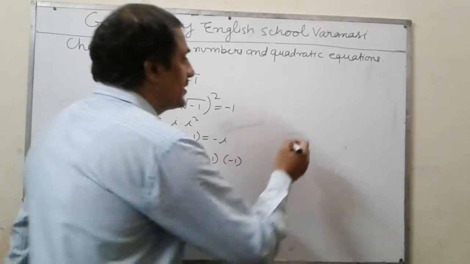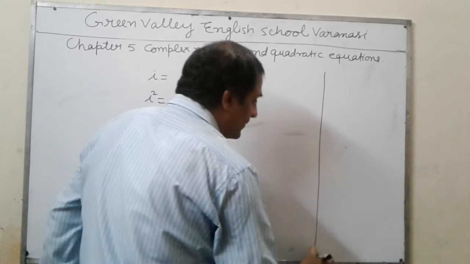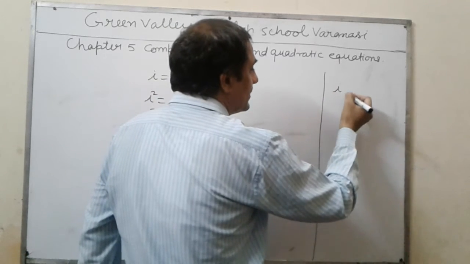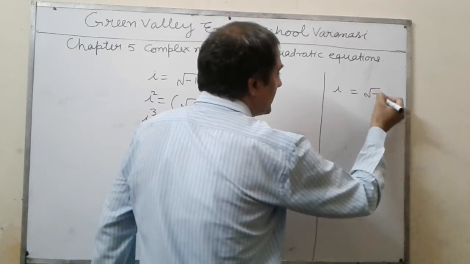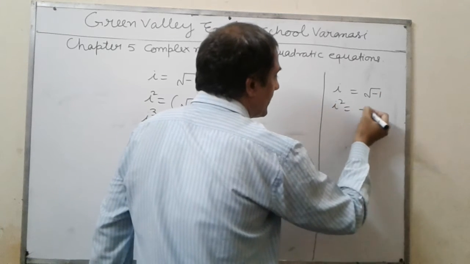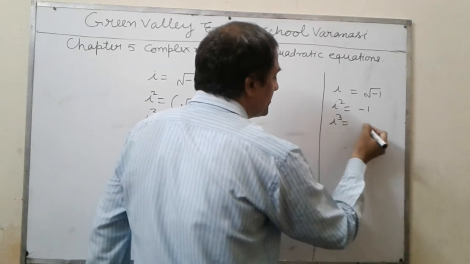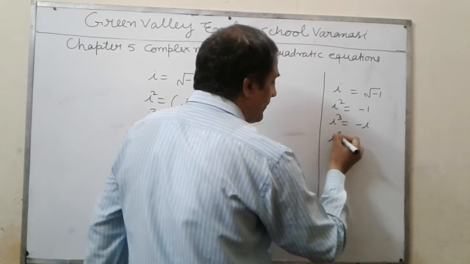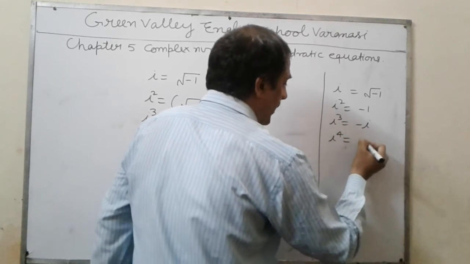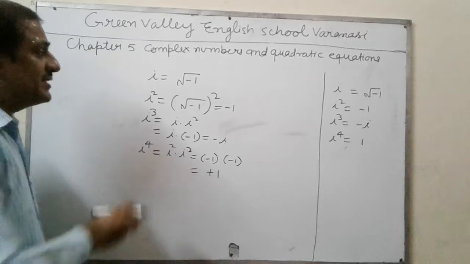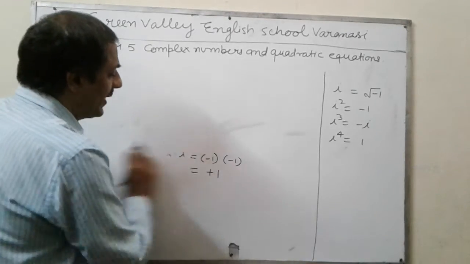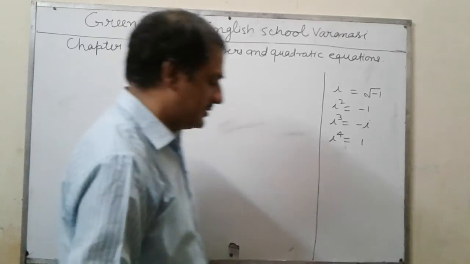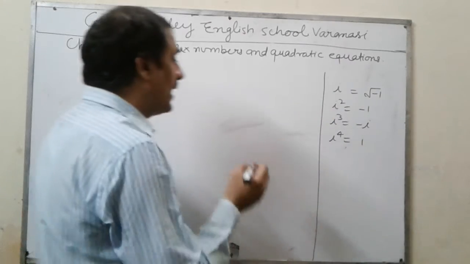Now I am going to write here the value of i is equal to root minus 1, i square is minus 1, i cube is equal to minus i, and i power 4 is equal to 1. Now with the help of all these values, we are going to find some other values.